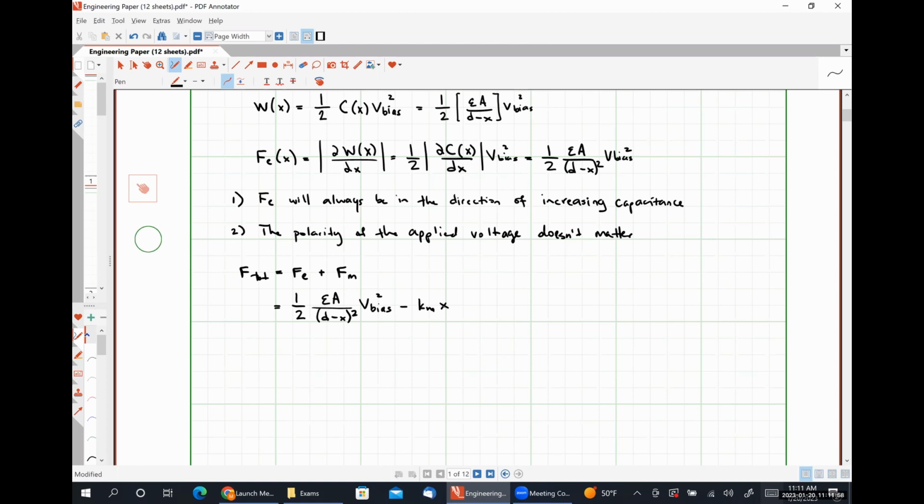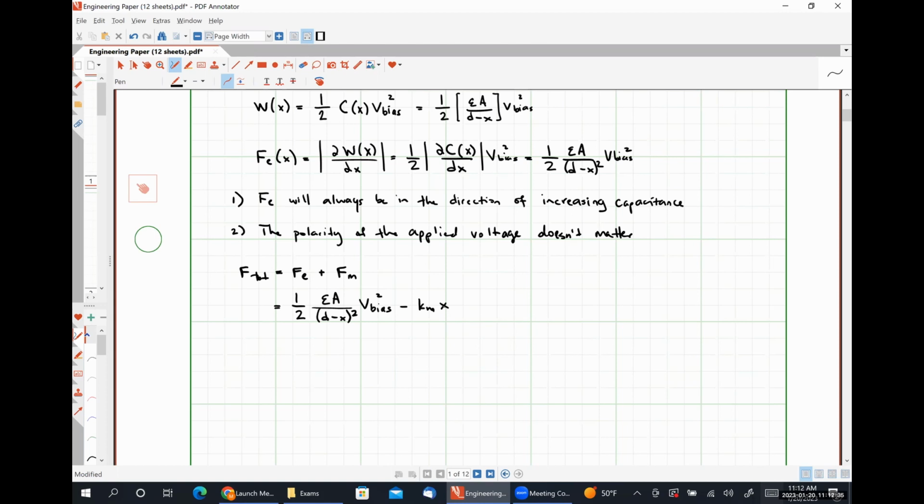So this is a very interesting result, because our restorative spring force, Km of x, depends linearly on our plate displacement x, whereas our electrostatic force depends on the square of our displacement x. So what that means is that at a sufficiently large displacement, our electrostatic force will actually be larger than our restorative spring force.